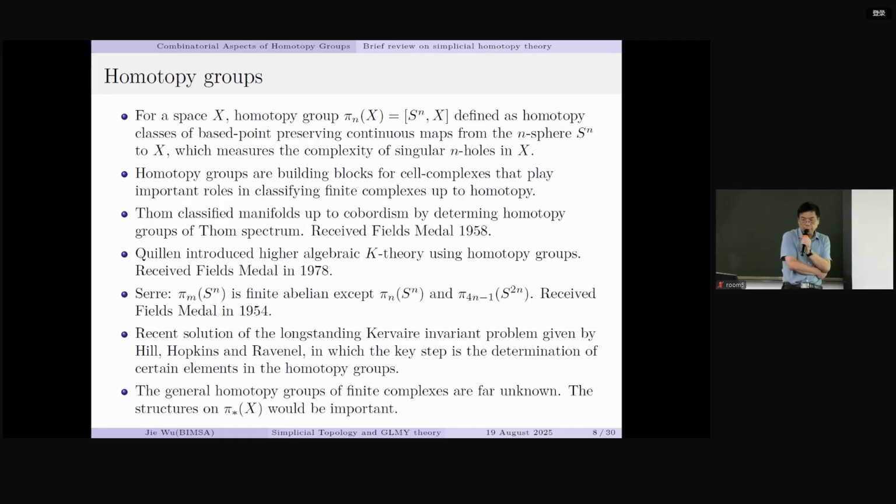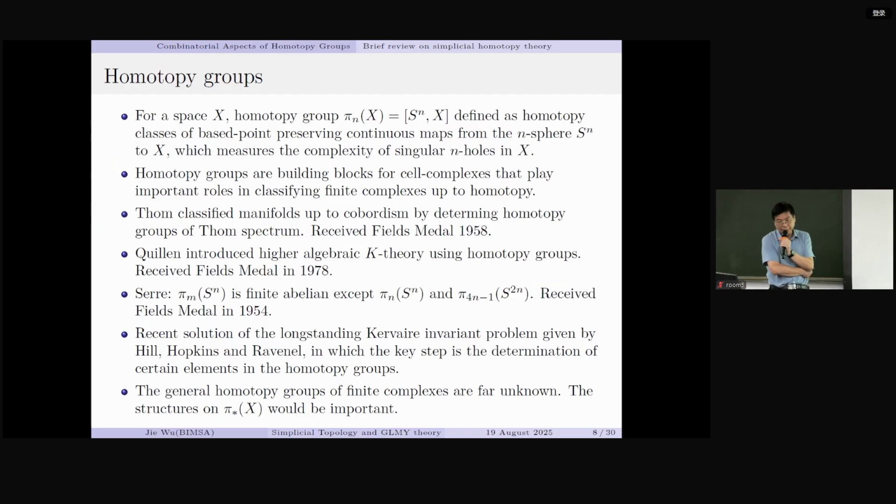And well, Serre, at that time, got very nice ideas to be able to show that the higher homotopy groups of spheres actually are finite groups, except in the exceptional case, right? And his ideas basically are, I think, nowadays called localization theories.